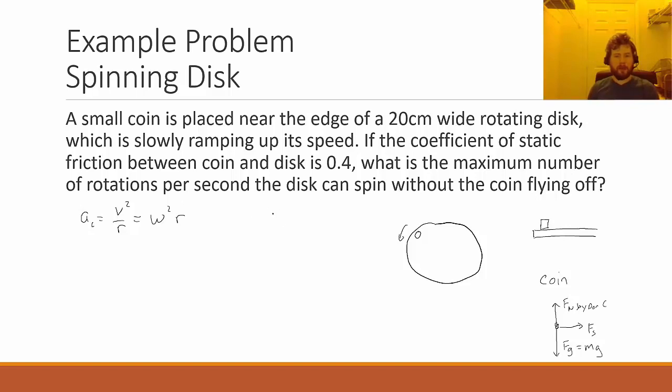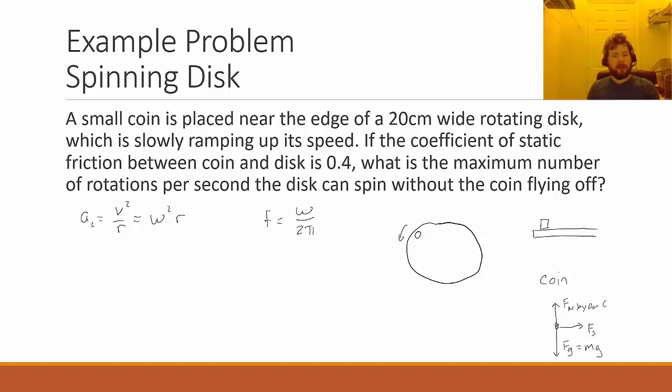Now, the reason why this can be useful is because when I ask for a number of rotations per second, I'm talking about something called the frequency. And the frequency is the angular frequency, the angular velocity, how many radians it turns per second, divided by 2 pi, because every single rotation contains 2 pi radians.